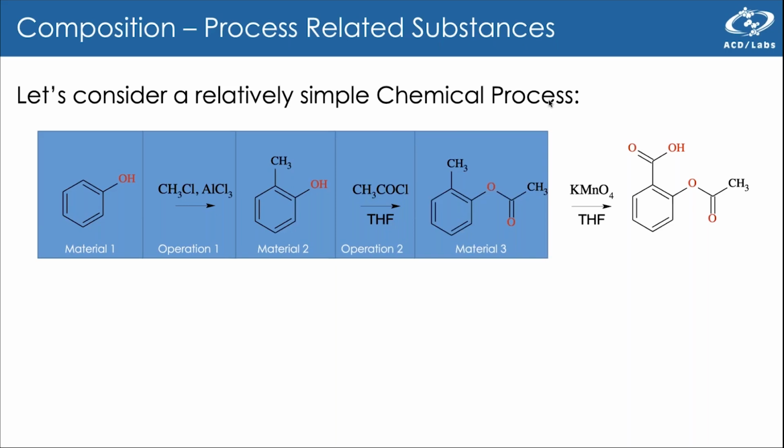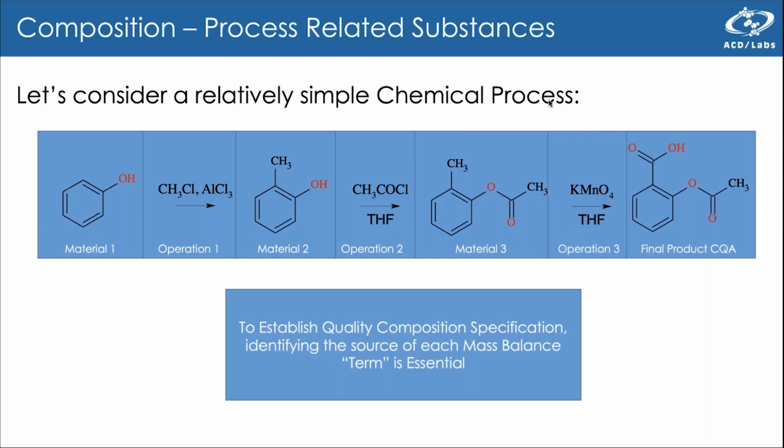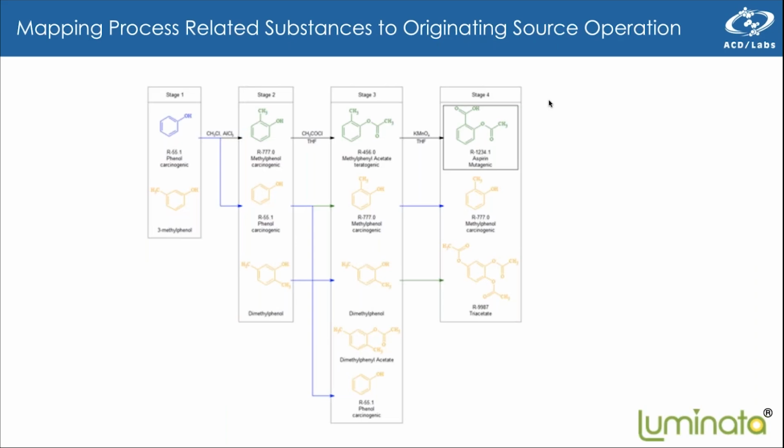So over even a simple cycle, you can establish quality attributes based on the materials, the composition of those materials, how they are transformed through a set of operational steps. Establishing mass balance at each stage of the process can be essential for understanding the final product's overall critical quality attributes. An illustration of how that would look is a so-called process map.